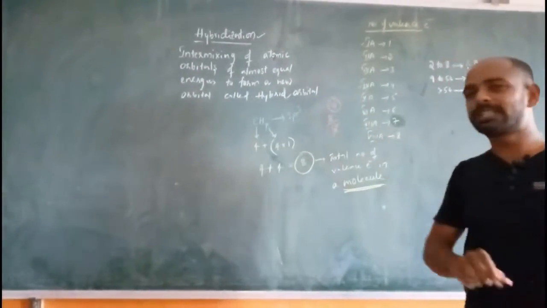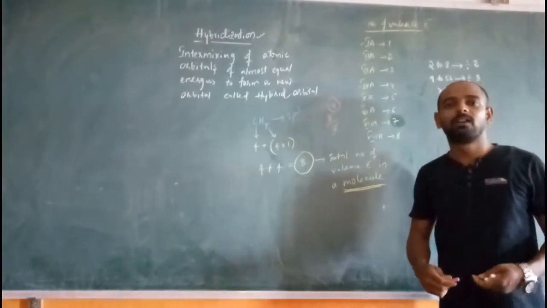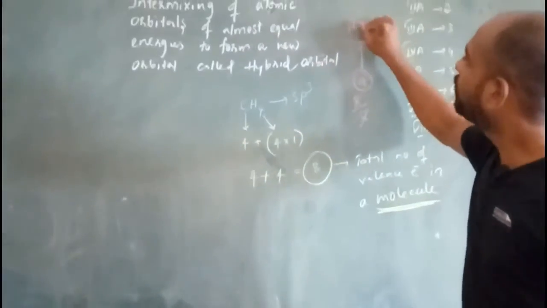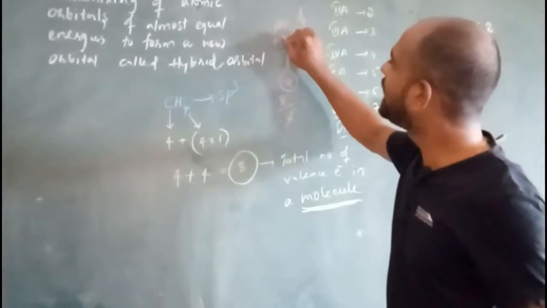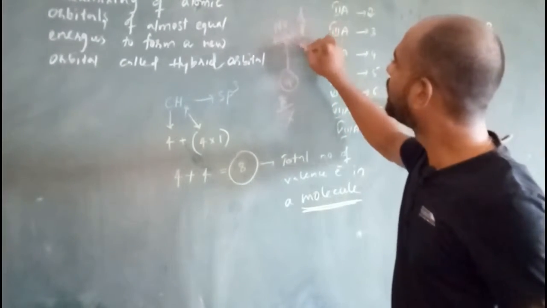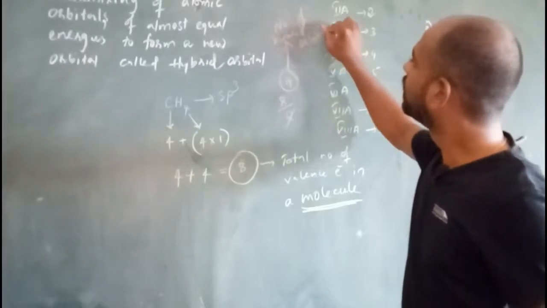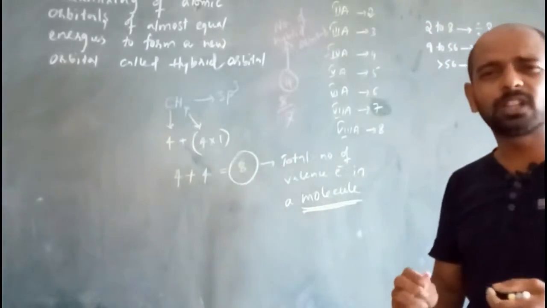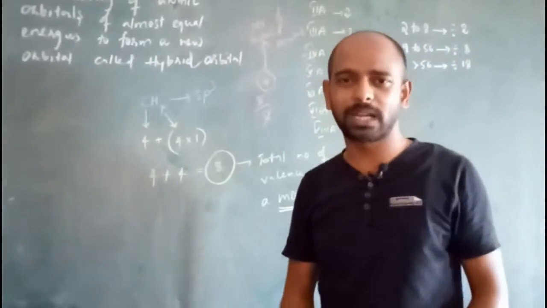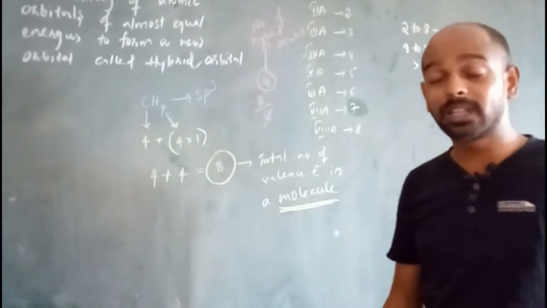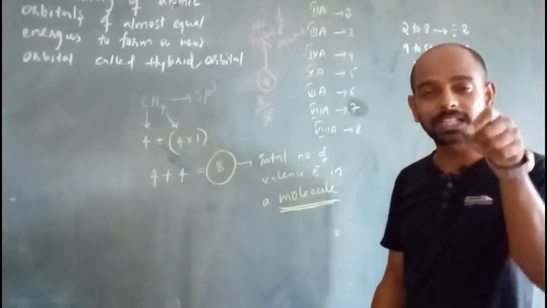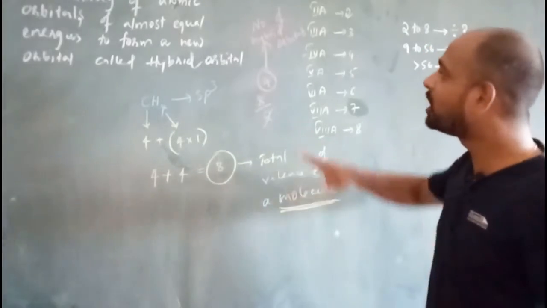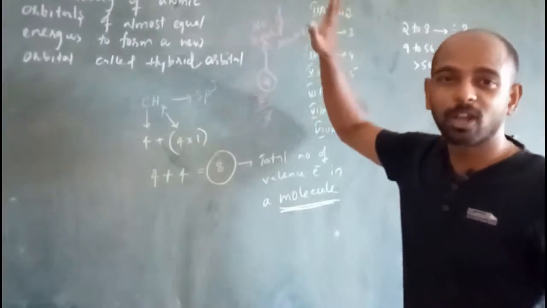So what is the possibility of having 4 orbitals? Here we got the answer, the number of hybrid orbitals, or else the number of orbitals participating in the hybridization. Remember that the number of orbitals participating in the hybridization is always equal to the number of orbitals in the newly formed hybrid orbitals.